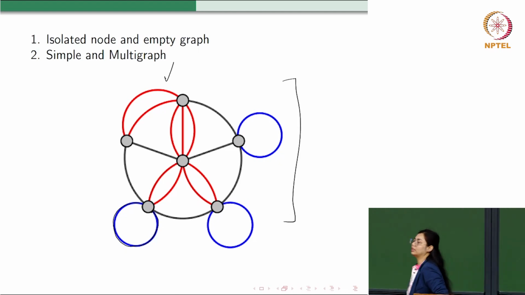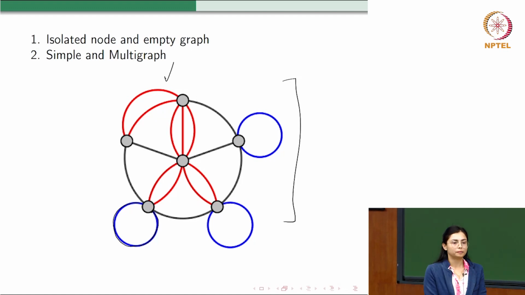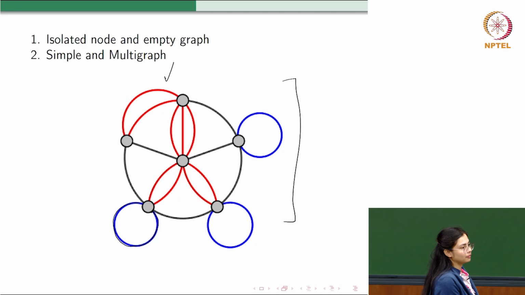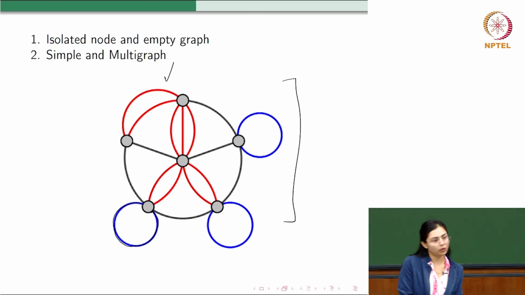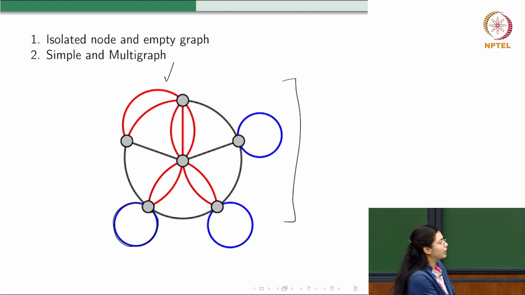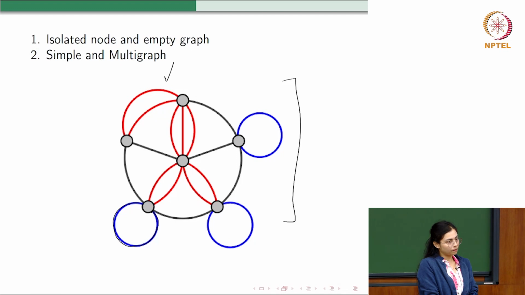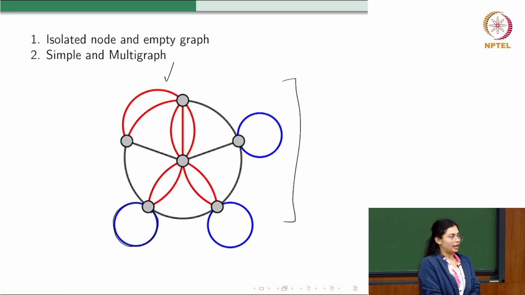Can you think of one real life example of a multi-graph? Just speak loudly. Road networks. Road networks, correct. How can we define a multi-graph there? Two ways between two cities or two places. Yes, correct.